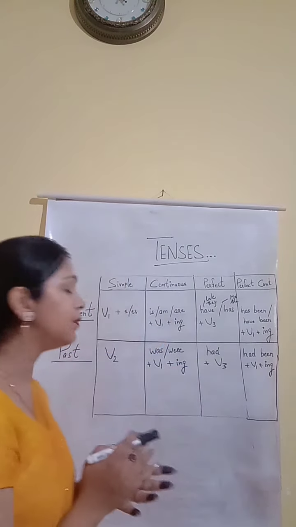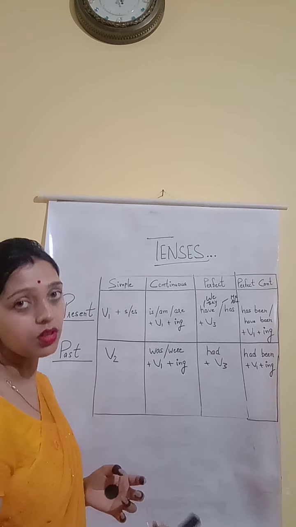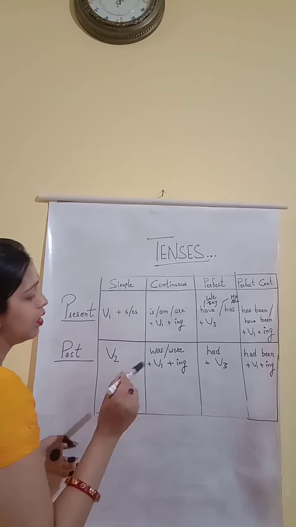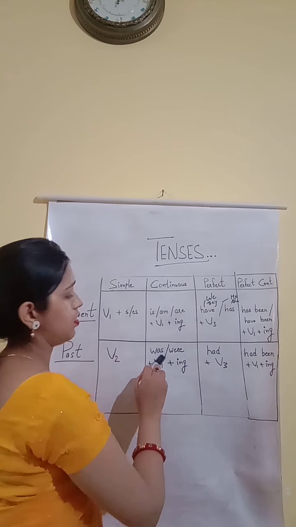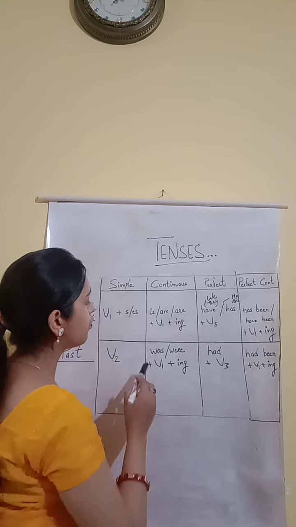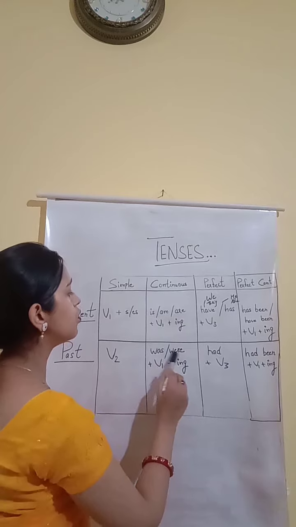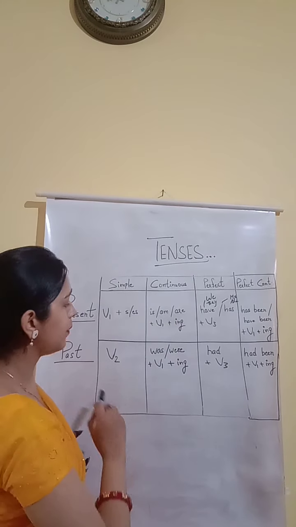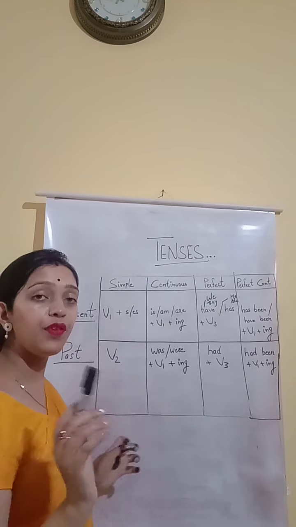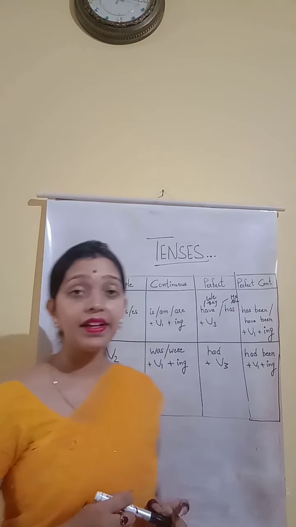For example, the teacher was writing on the blackboard. Okay, so whatever subject you have in the singular form, we use was, and for the plural ones we use were. And verb first form is used here, like writing.